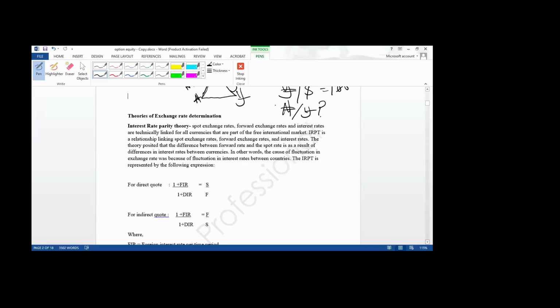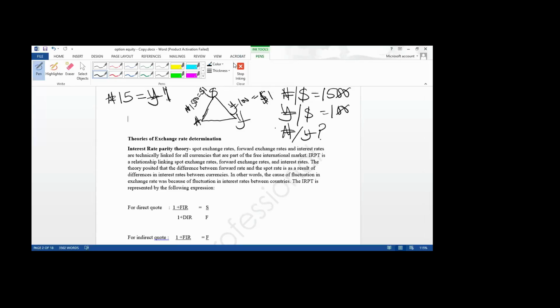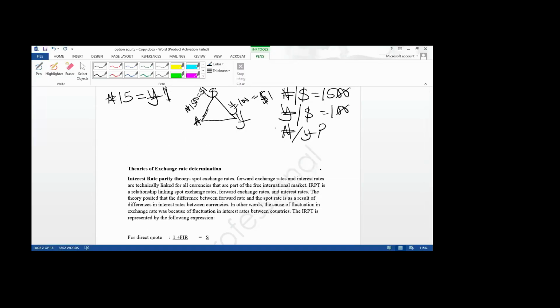Sir, before you move into theories of exchange rate determination, please, I want you to go back to the triangle where there is a relationship between naira and dollar and a relationship between dollar and yen. You said assume that naira to dollar is 1.5 and yen to dollar is 100.